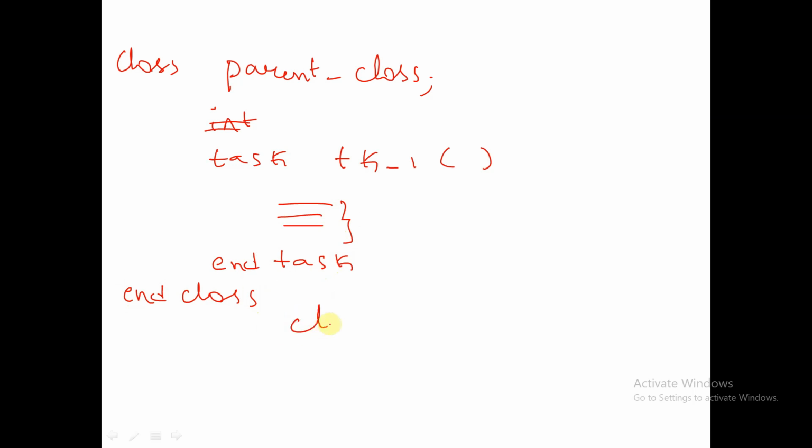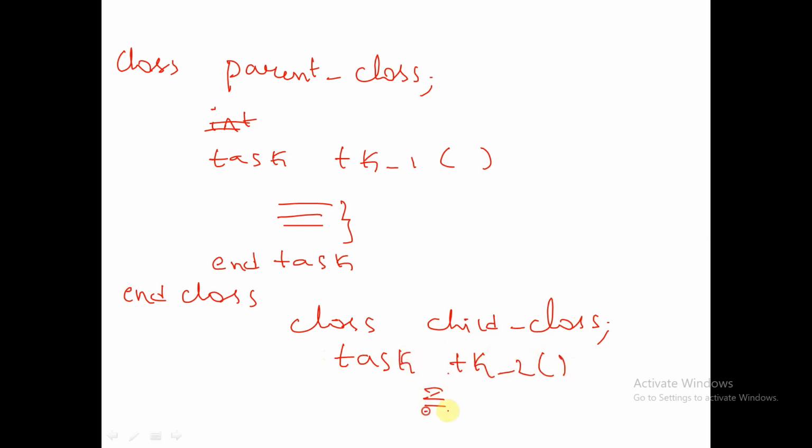And if I have another class called child_class, and in this class I'm declaring another task called tk_2. So in this task I'm declaring some logic and ending the task.